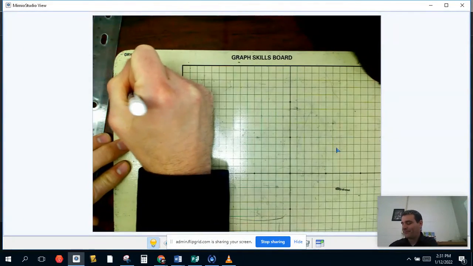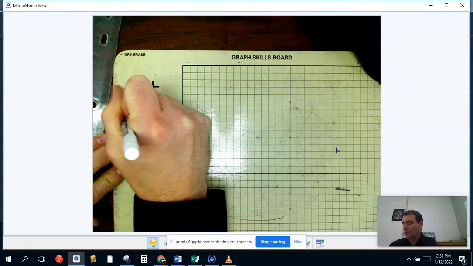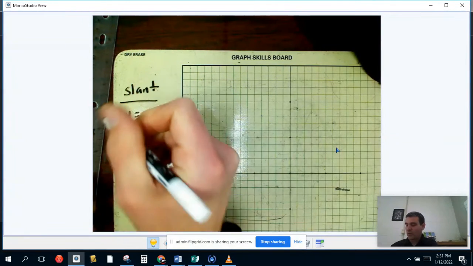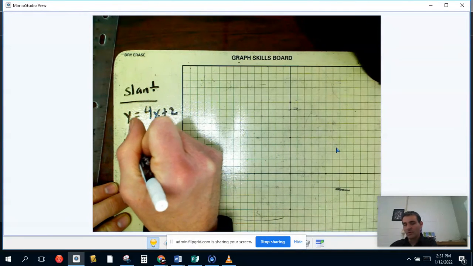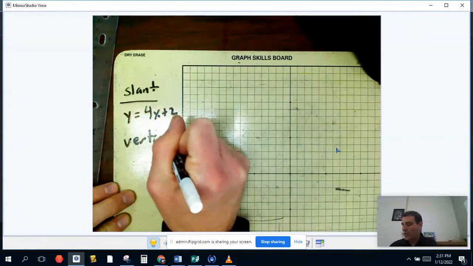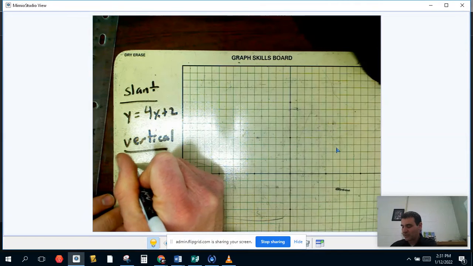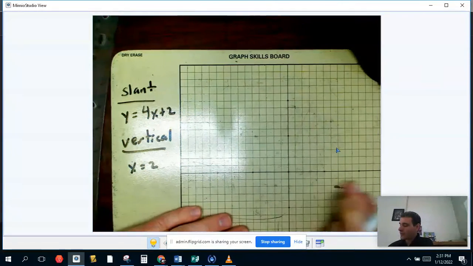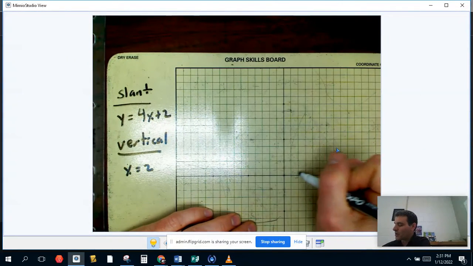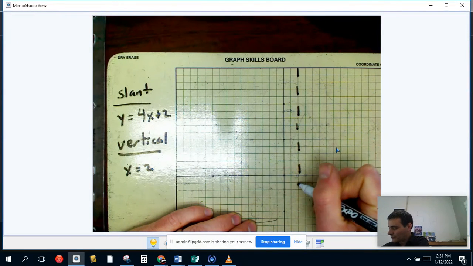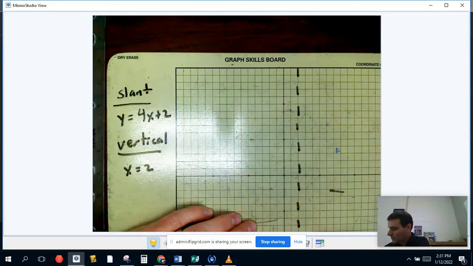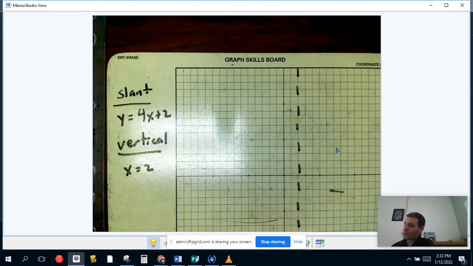Again, my slant is y equals 4x plus 2. My vertical, x equals 2. So vertical is a little easier. I'm going to simply make a vertical line. My slant is 4x plus 2.